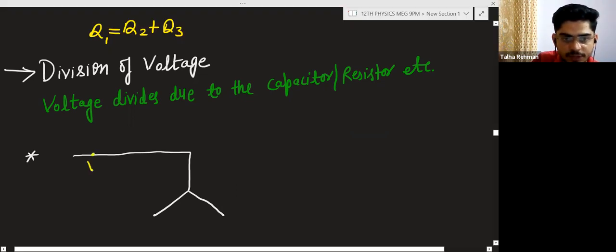So the voltage here, the potential, at point A, at point B, at point C, at point D, at point E is V, at point F is V.